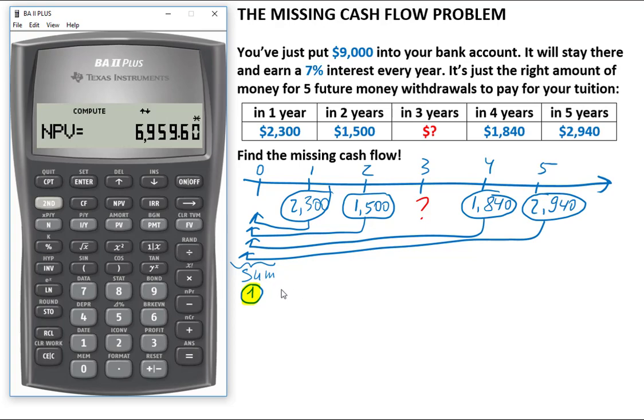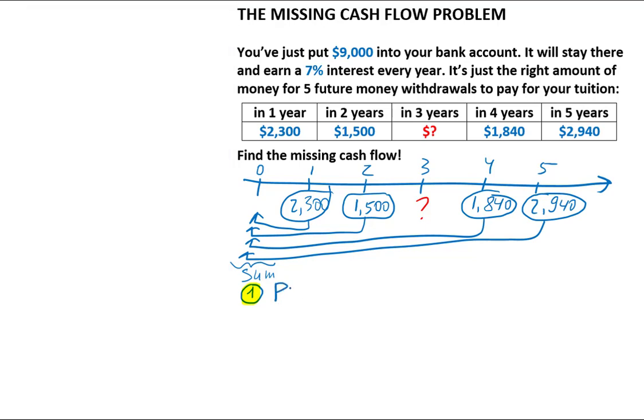We get, so in other words, this was the present value of the 4 known cash flows, and that was equal to $6,959.60.